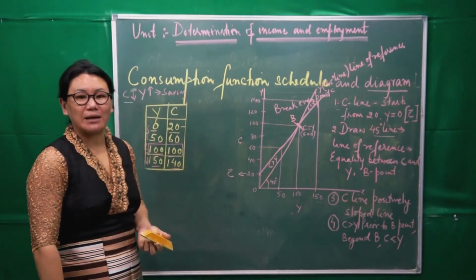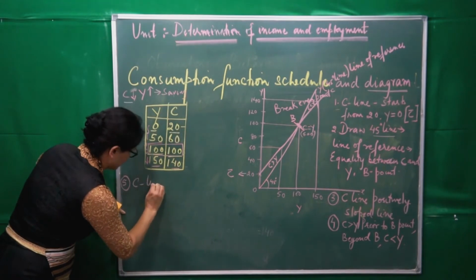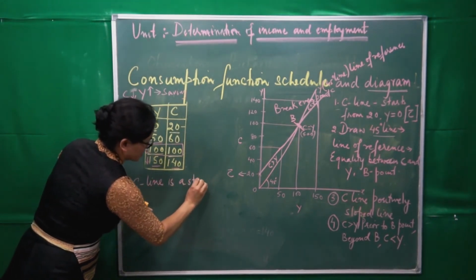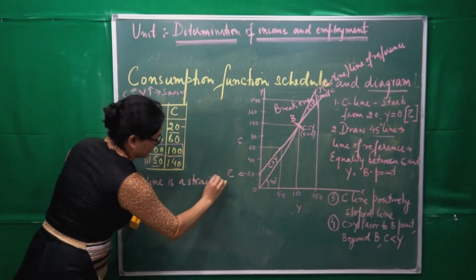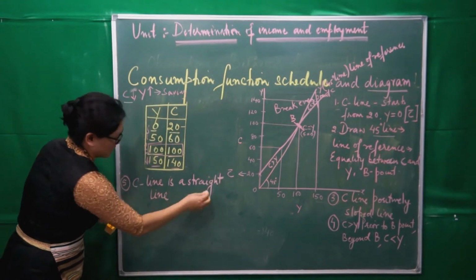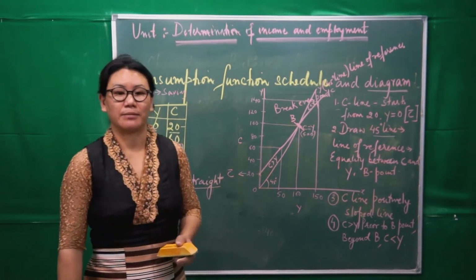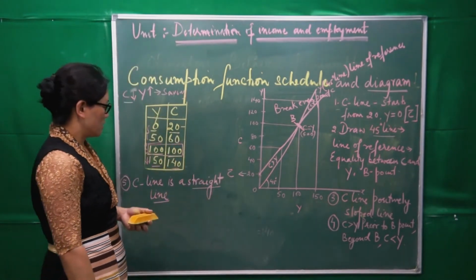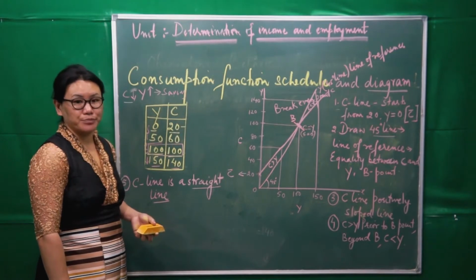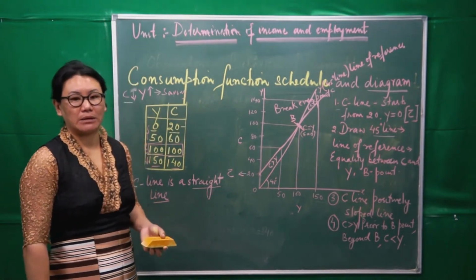This C line is a straight line. C line is a straight line. It has to be straight. C line, it has to be a straight line. Okay.